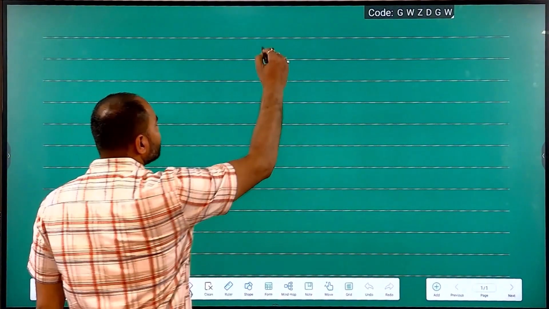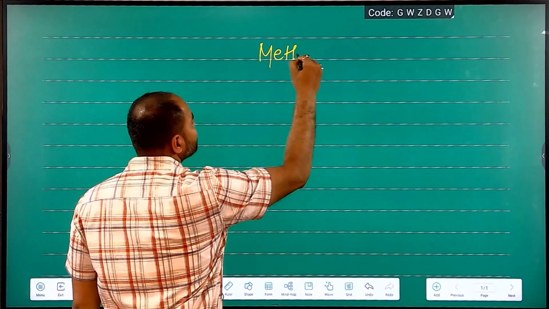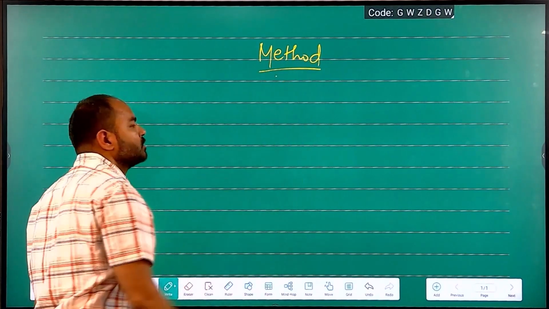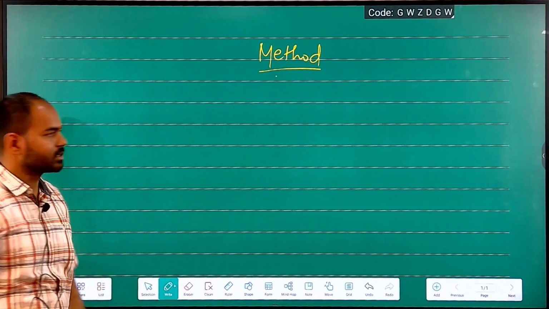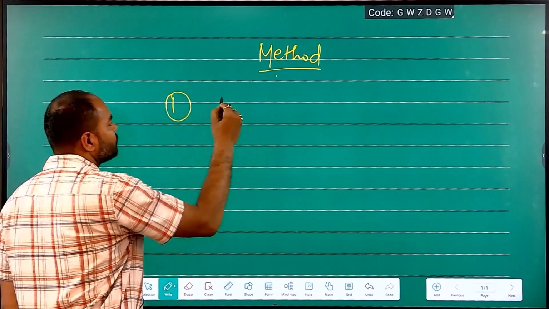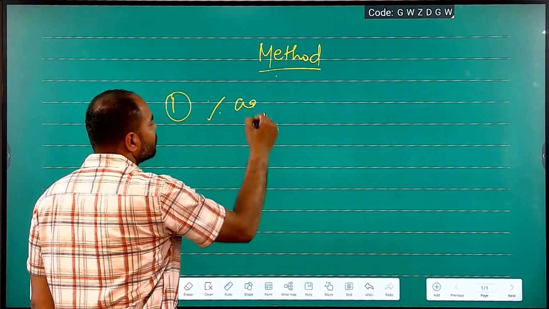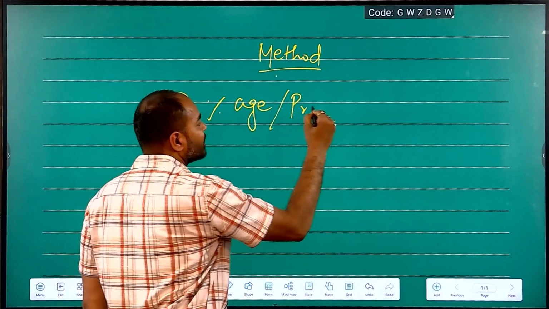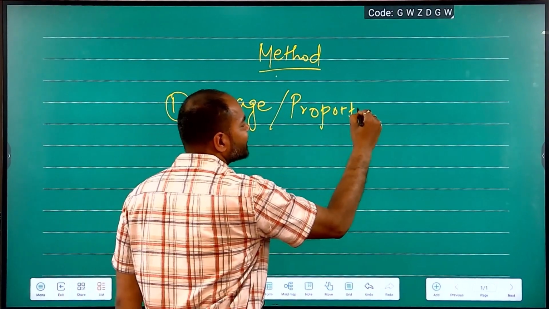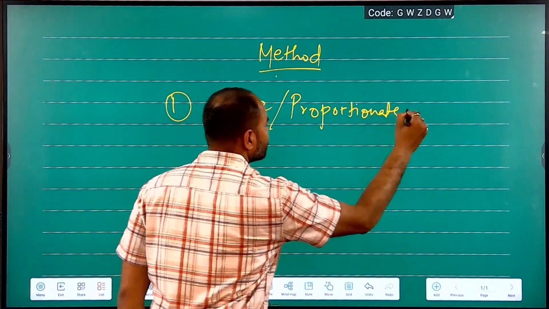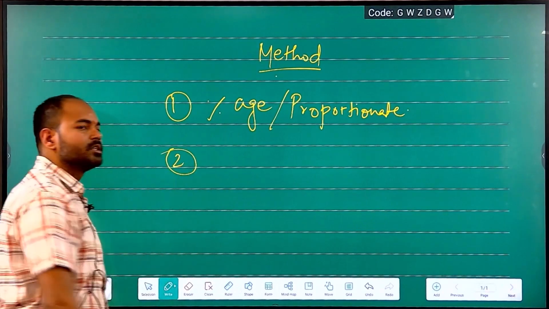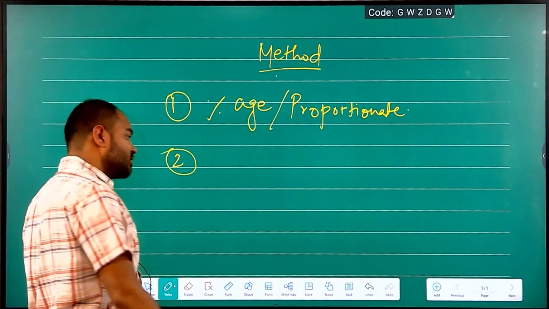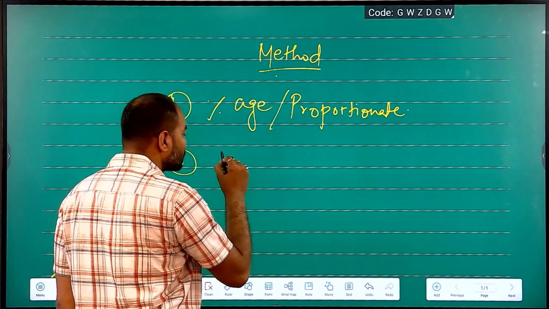Now, what are the methods to calculate elasticity? There are 4 methods to calculate elasticity. The first one is the percentage method, also known as the proportionate method, that we have already discussed with the 2 examples. The other method is the expenditure method, or total outlay method.